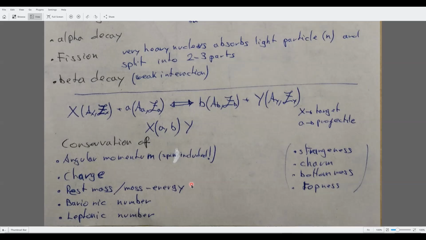So it's conserved. The same is true for leptons, but this also has a problem, because if you have a particle and antiparticle, how should we treat it?